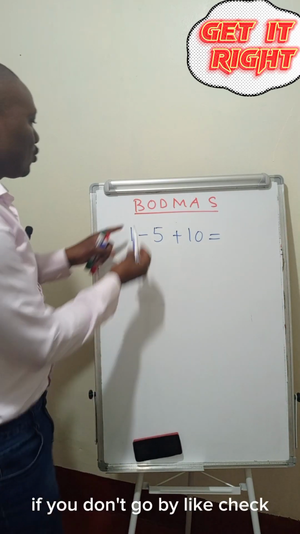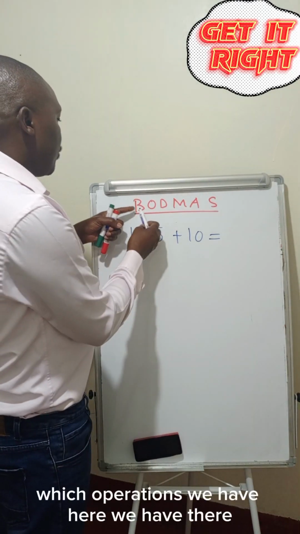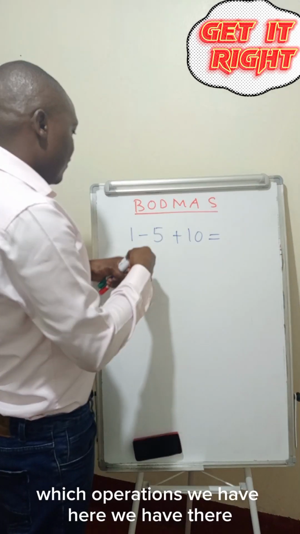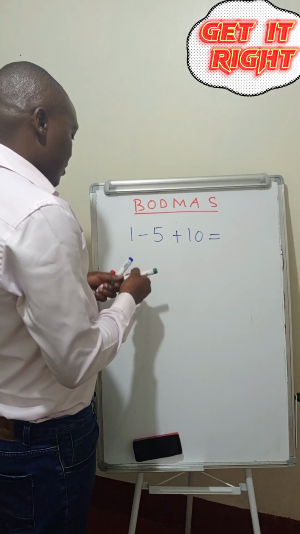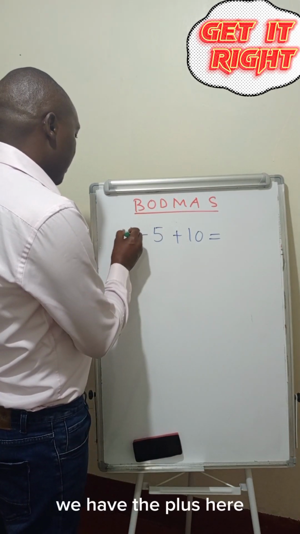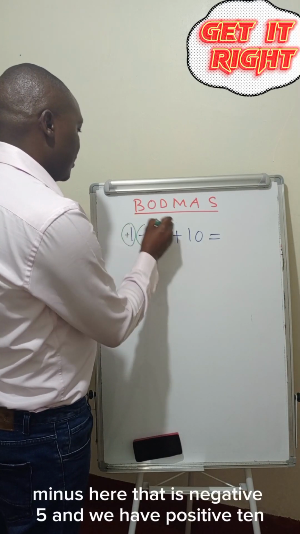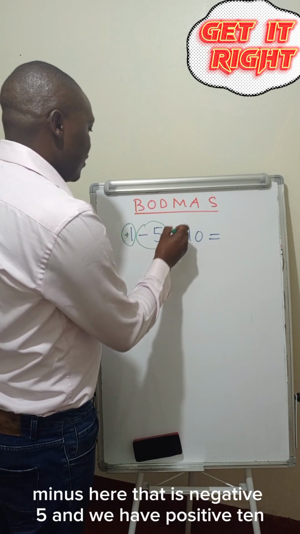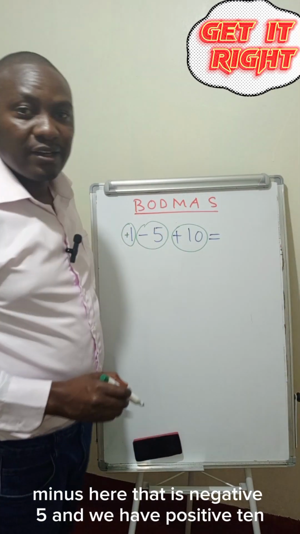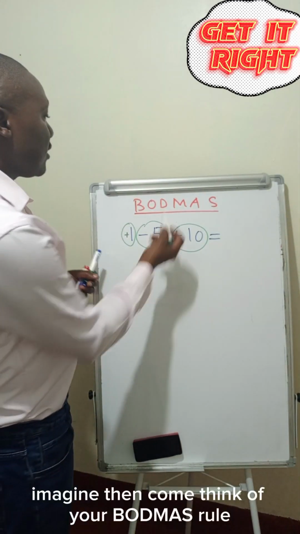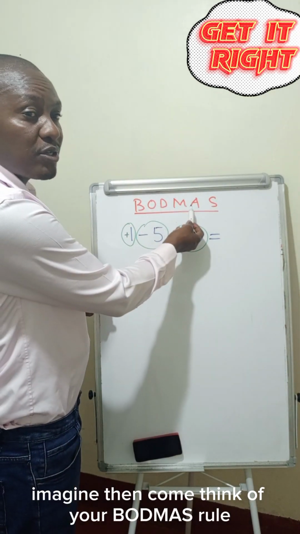Check: which operations do we have here? We have the plus here. We have the minus here, that is negative 5, and we have positive 10. Then come think of your Bodmas rule.